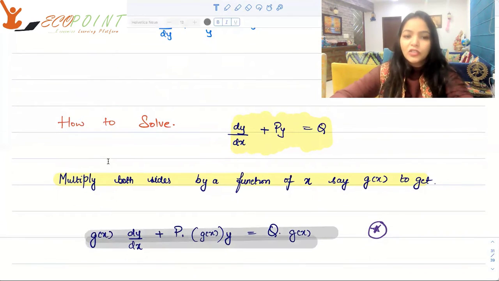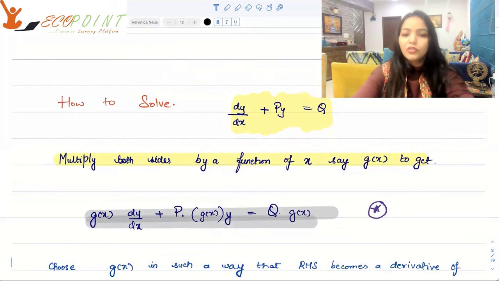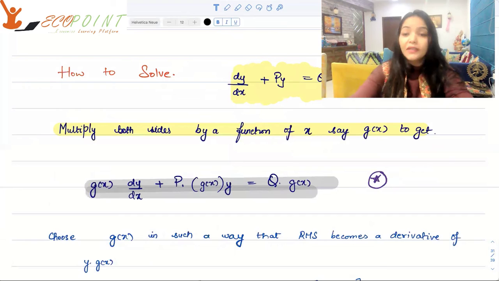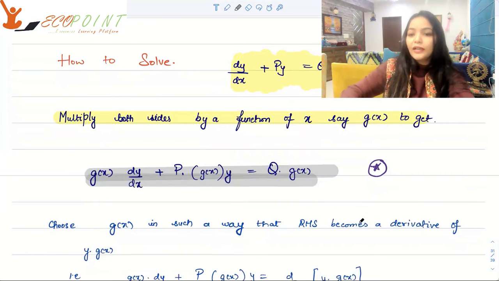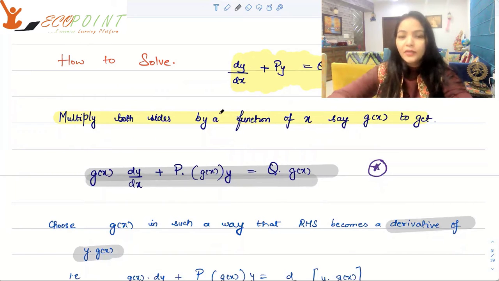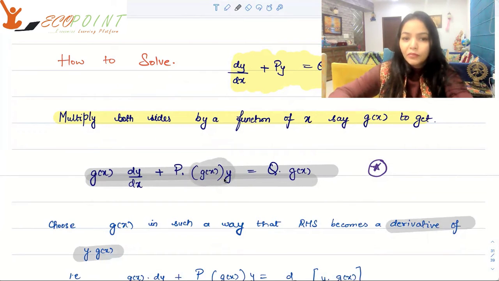Now you choose g(x) in such a way that the left hand side becomes the derivative of y into g(x), which is the term that you have with p here.